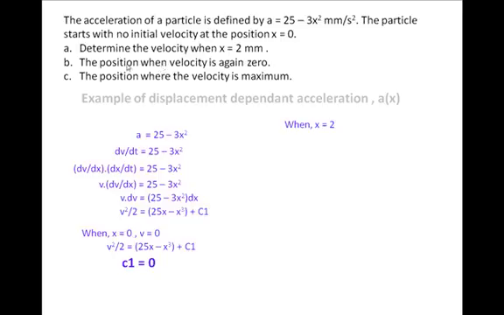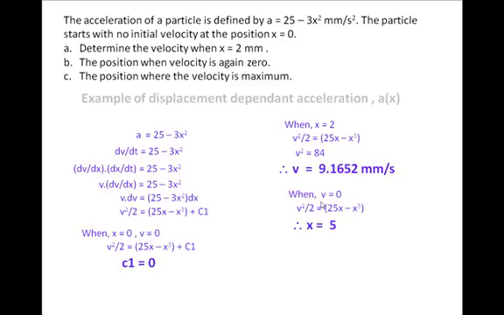So now next is very easy. Determine velocity when x equal to 2 mm. Simple. You have the expression, put x equal to 2 and you get your v. Third is the position where velocity is again 0. Well, you have the expression for v, put it 0 and you get x as 5. So at x equal to 5, again velocity is 0.